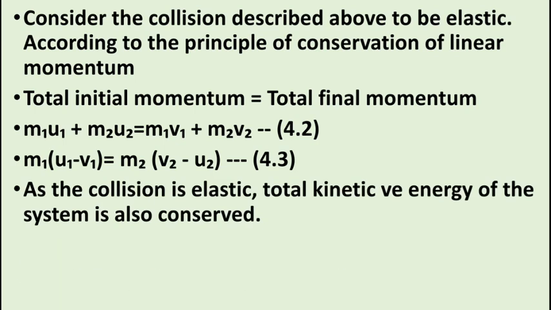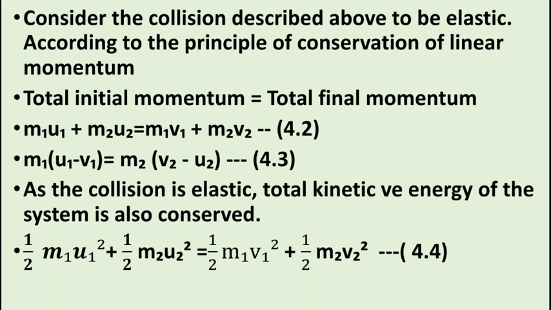As the collision is elastic, total kinetic energy of the system is also conserved. That is, 1/2 m1 u1 square plus 1/2 m2 u2 square is equal to 1/2 m1 v1 square plus 1/2 m2 v2 square as equation 4.4.